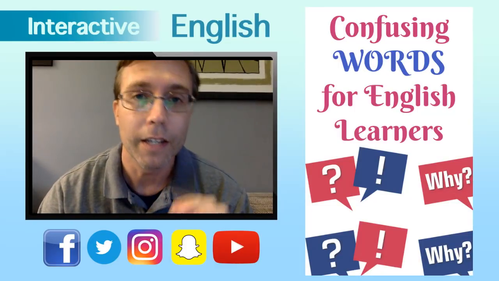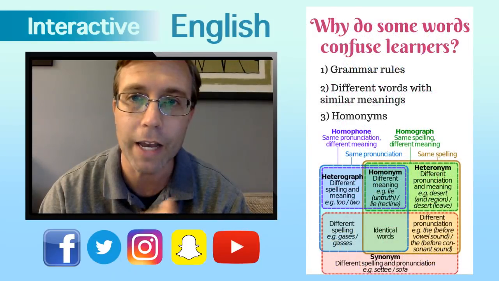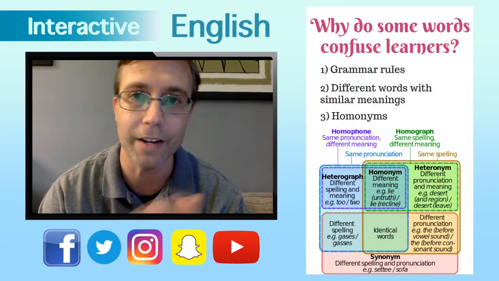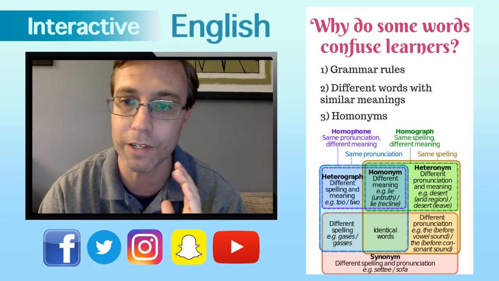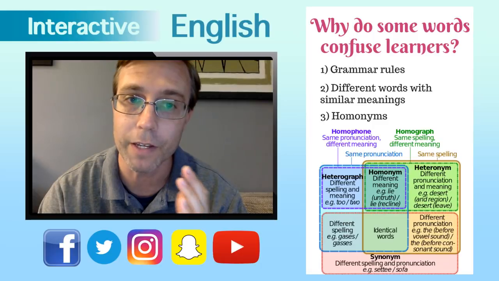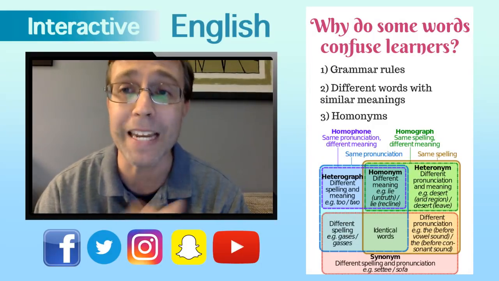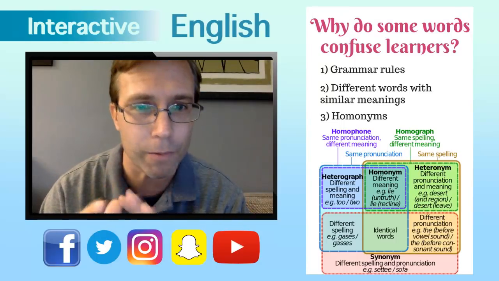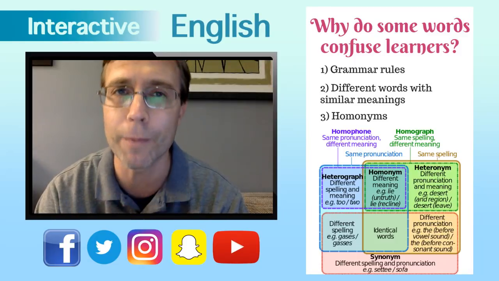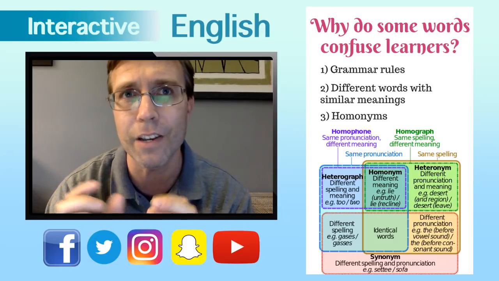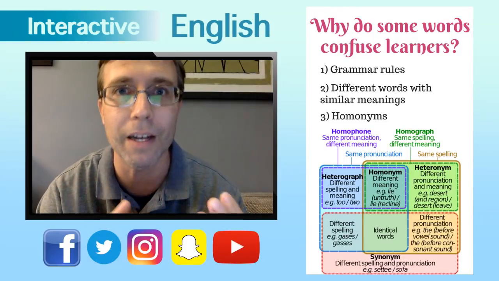So let's begin with talking about, why do some words end up confusing English learners? Why are these words confusing to begin with? Well, there can be many different reasons for that. I've just written down 3 of them. The first one I have is some grammar rules. Maybe there's just a subtle grammar rule that people tend to confuse and mix up.